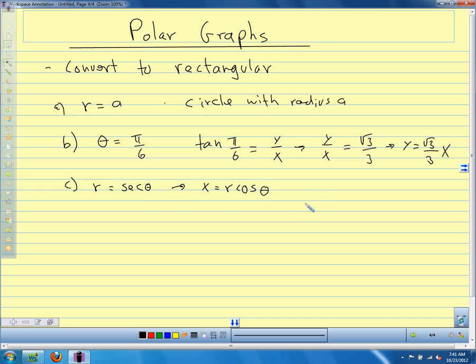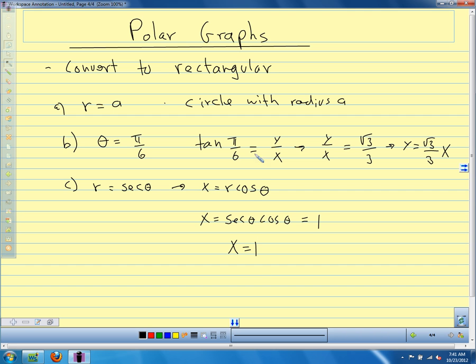r is secant theta. So if we substitute secant theta in for r, I get x equals secant theta cosine theta, and that just equals 1. So this would just be the line x equals 1.